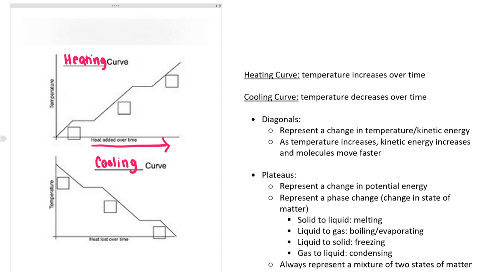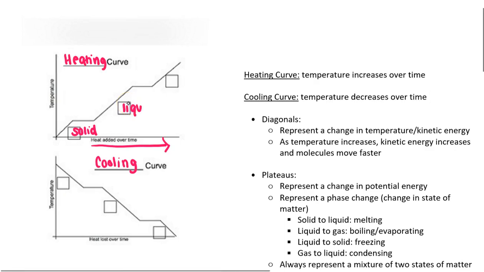Alright, so we can label these boxes on each of our curves. The first one, at the lowest temperature, our substance is going to be a solid. Next, once we heat that solid up, it can turn into a liquid.